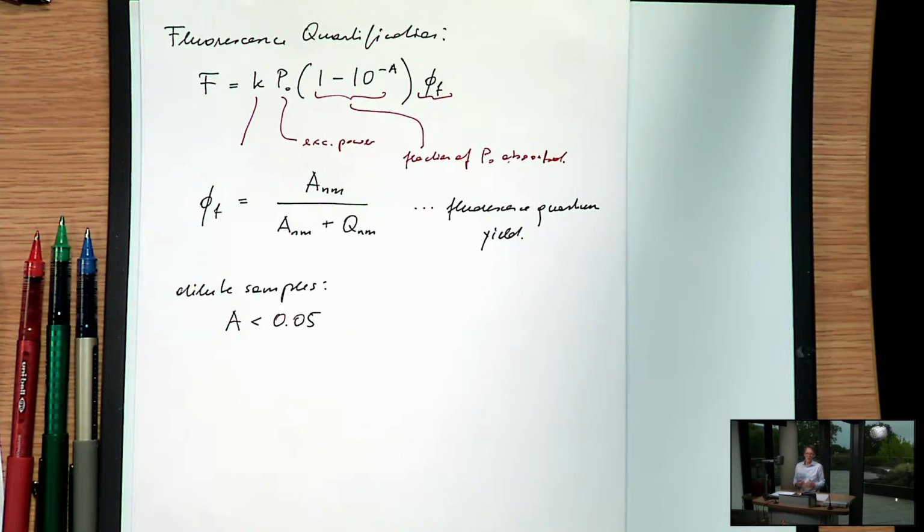In practice, when we deal with biological fluorophores in a microscope, for example, this is always the case. We have very small numbers of fluorophores, and most of the photons in the excitation beam are not used, because the density of fluorophores is low.